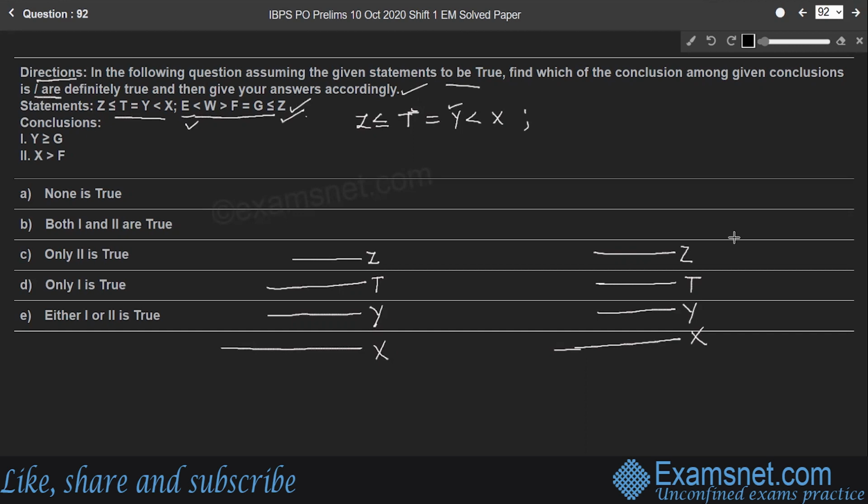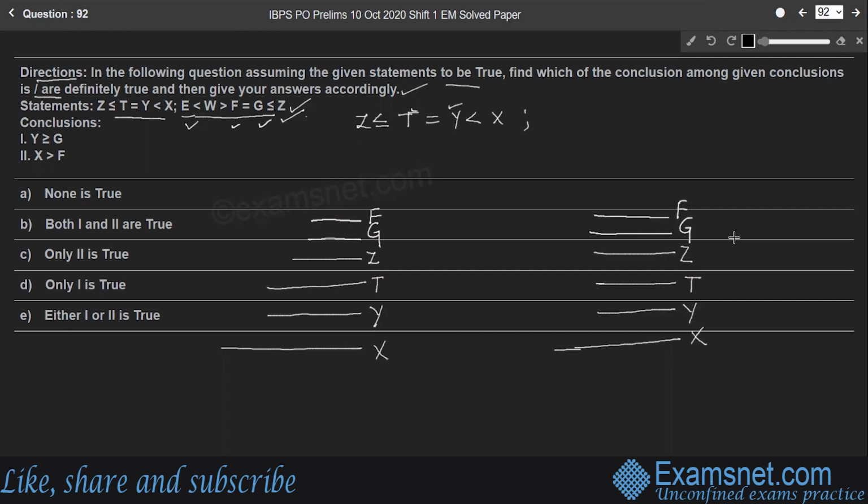Therefore, we'll consider a line G, which is less than Z. So not Z, it is G line. G is less than Z. In the next case, G is equal to Z. Next part, F is equal to G. So in both the cases, F is equal to G, right?